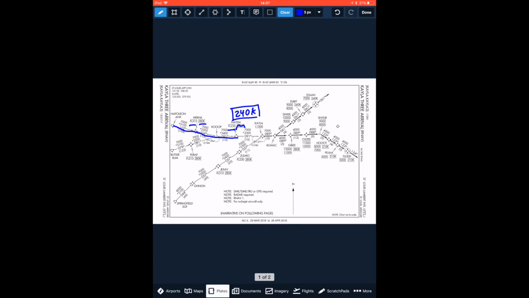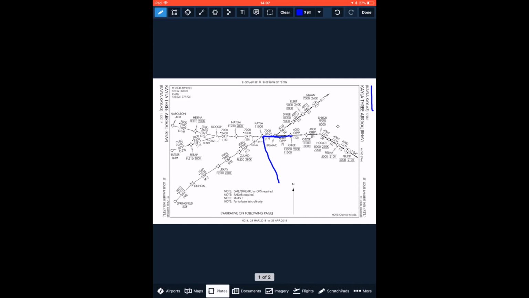Now, you can plan to use a star and file a star in your flight plan. In order to do this, you see up here, it says Kayla.Kayla3. This would be if you're coming from anywhere else, say direct to the Kayla waypoint, and then from there you want to follow the star.